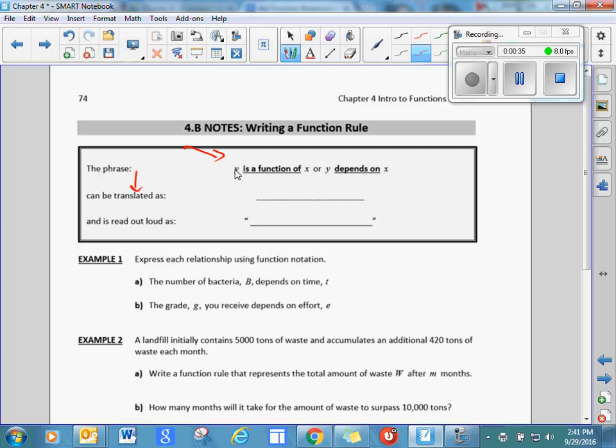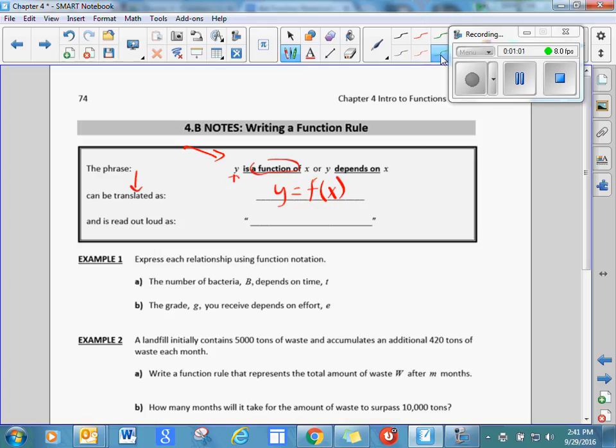We're going to say y, so here's the y, is means equals, and to translate the words a function of, we are going to use a small f, and we're going to put the x in parentheses next to it. This is how we're going to write y is a function of x.